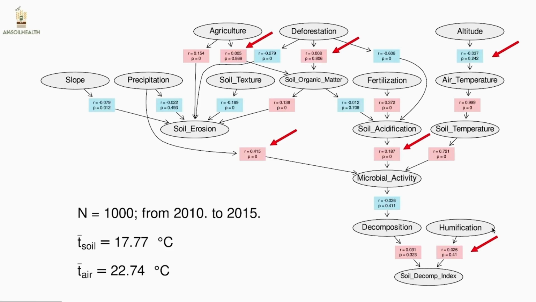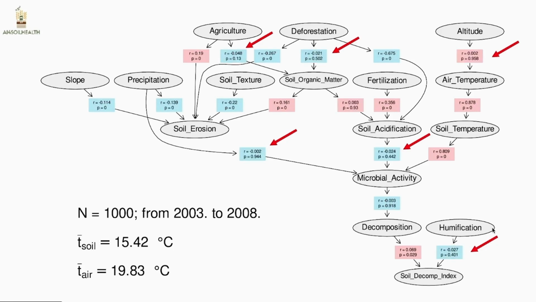In the next period, from 2010 to 2015, these variables changed. In the next period, the probabilistic relationships between variables stayed unchanged.